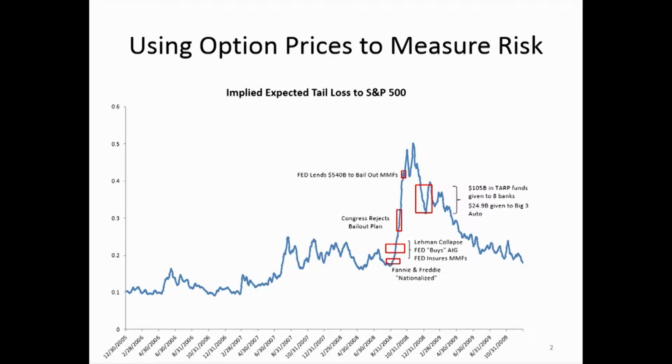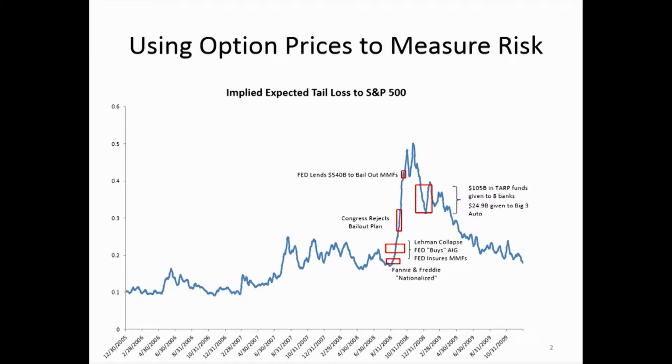And basically using the strip of put options, the insurance contracts that were priced in the marketplace, and using them as an indication of the implied probabilities, or therefore the prices, of the downside.